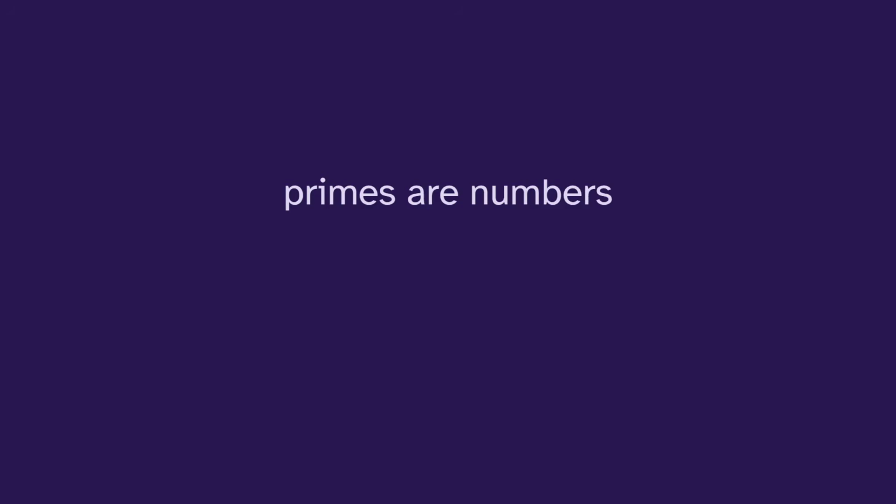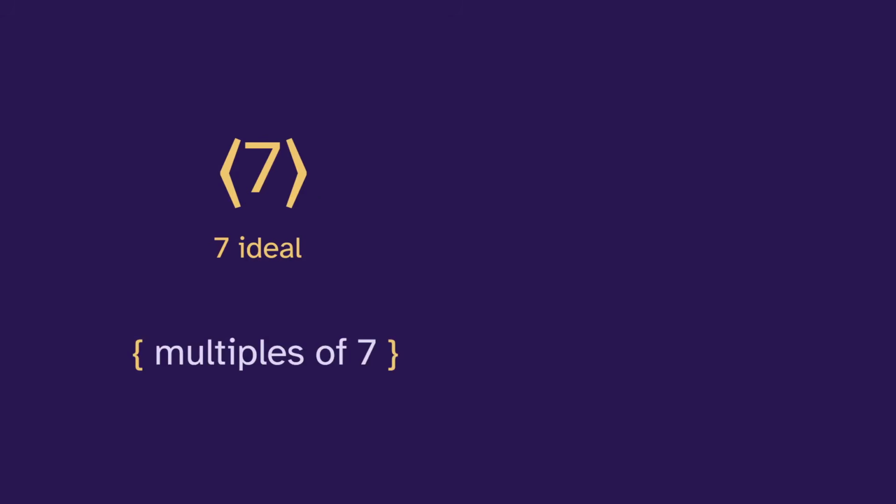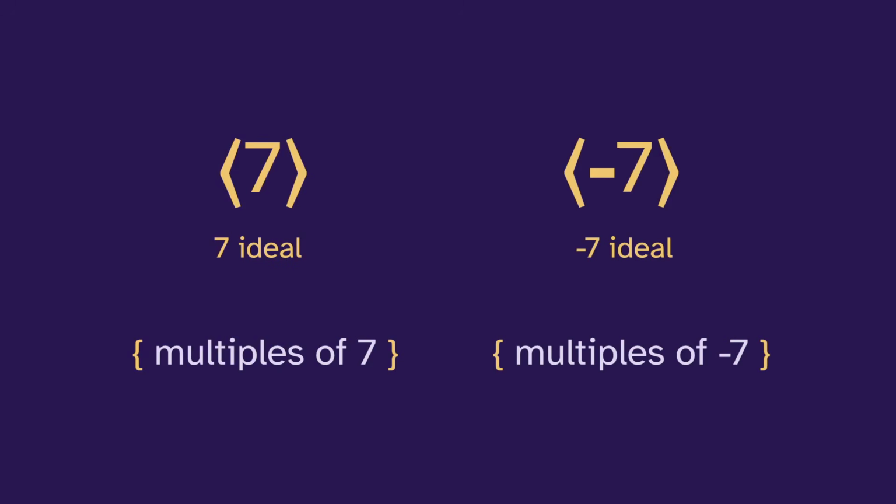Instead of primes being numbers, we can think of them as sets of numbers. These sets are called ideals. So the 7 ideal is all the multiples of 7, and the negative 7 ideal is all the multiples of negative 7, and notice, these ideals are the same. So in this way, they're the same prime. And just like numbers, we can combine ideals.